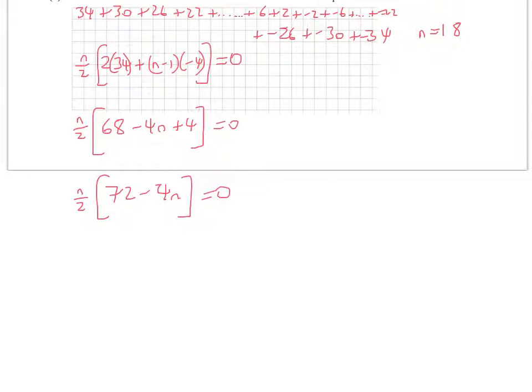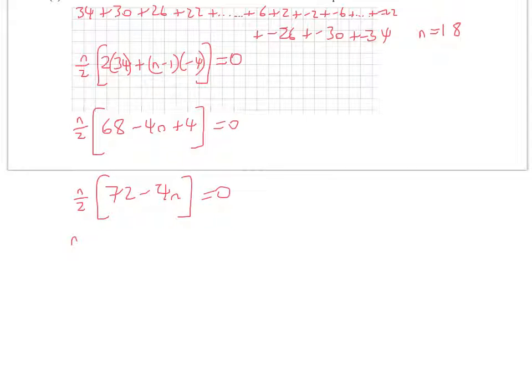And the key thing here is, now you could open up all the brackets, get yourself some complicated quadratic and try and solve the quadratic, but most of the work is actually done for you already, because you've got basically two things multiplied together. You've got your n over 2, and separately you've got 72 minus 4n. And those two things separately are multiplying together to make 0. So one of them must be 0.